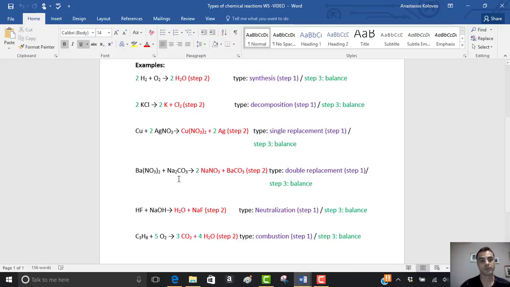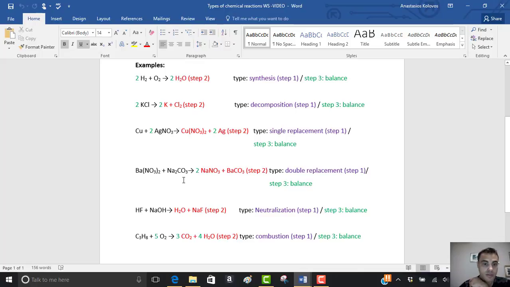So you have Ba, barium, replacing sodium, therefore you get barium carbonate, and sodium replacing barium, you get sodium nitrate. Okay, so after you follow a double replacement reaction procedure, you need to make sure that you balance the formulas.